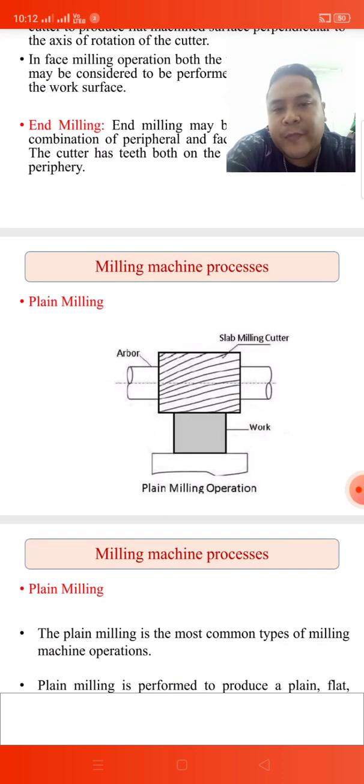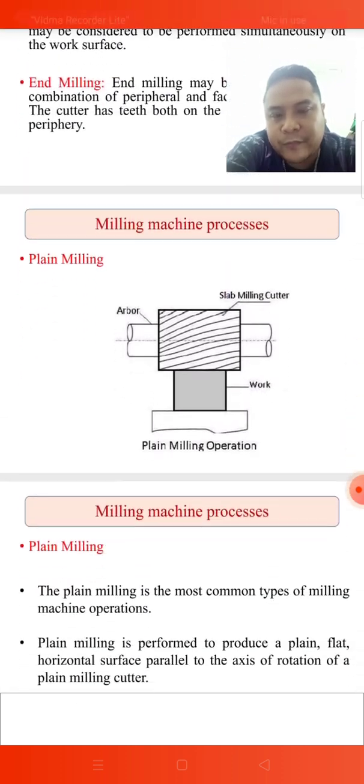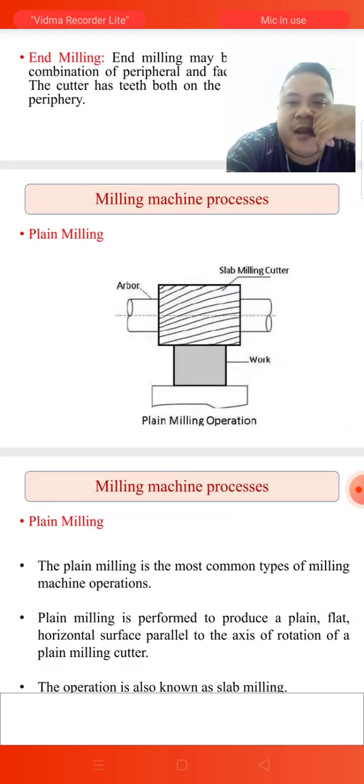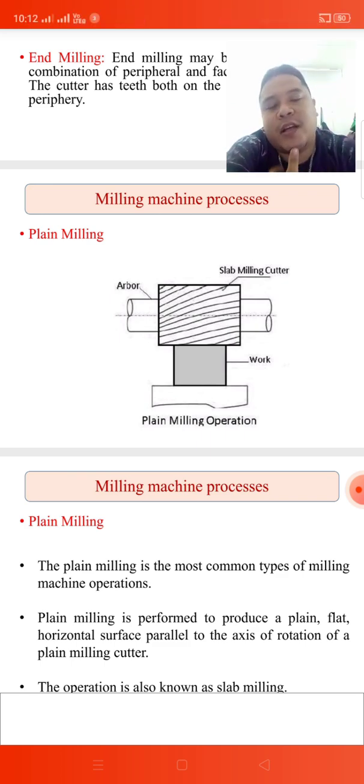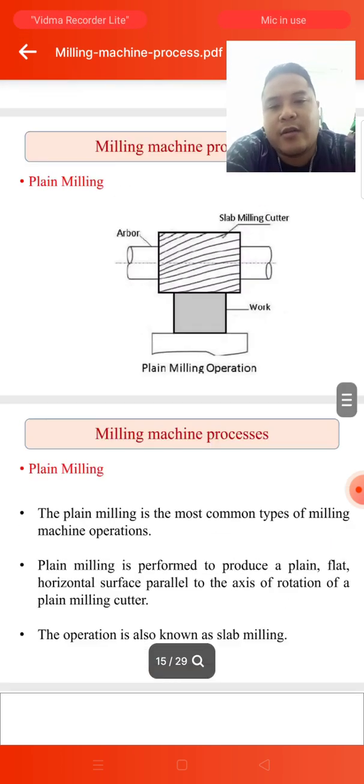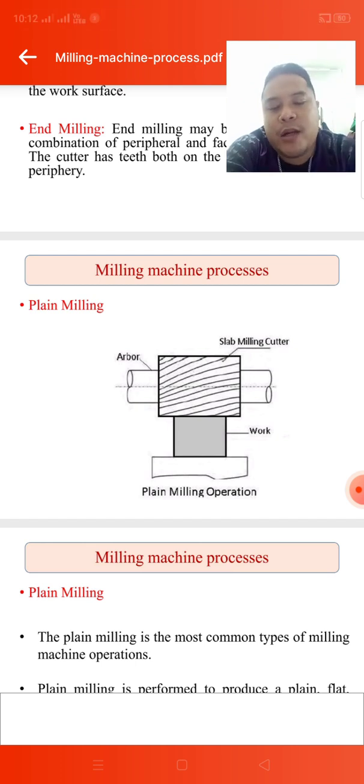Okay? Next, milling machine process. Number 3, or the third one, is the plane milling. As you may see in the illustration, hindi na ako magtagsa ng definition. I will just explain the illustration.